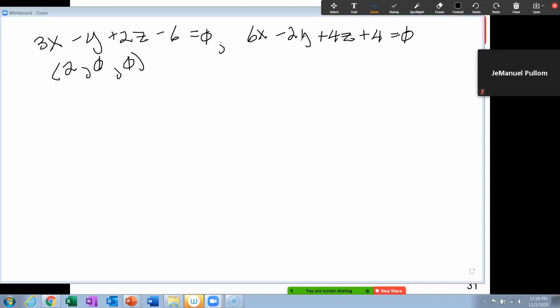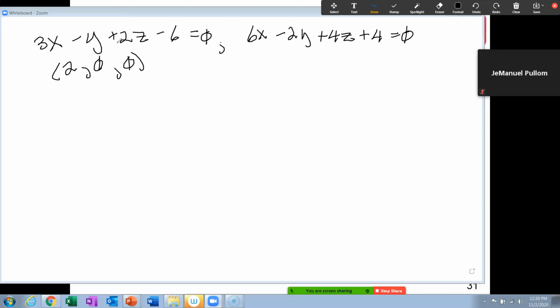But anyway, all right, so this point is on this plane. And Jesus, we're in chapter 11, vectors in the geometry of space, 11.5, lines and planes in space, and we're at example 6 at the top of page 793. They gave us these two planes, 3x minus y plus 2z minus 6 is equal to 0, and 6x minus 2y plus 4z plus 4 is equal to 0.